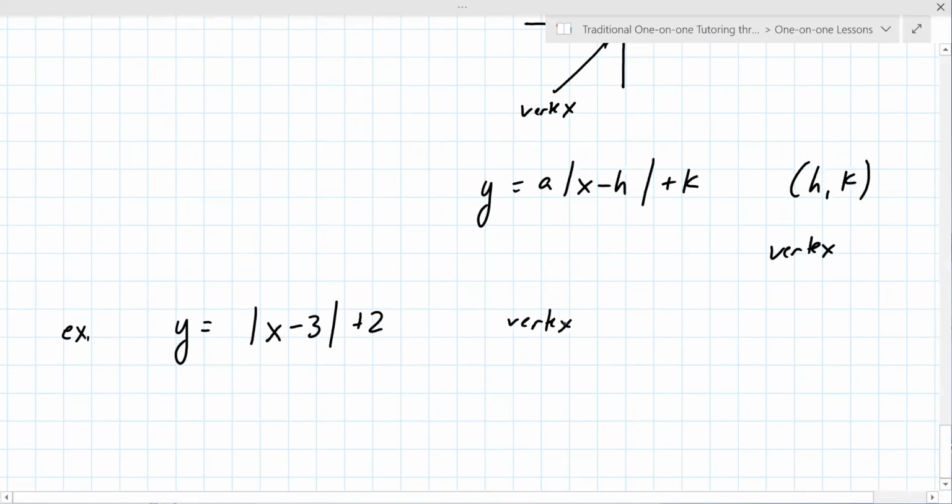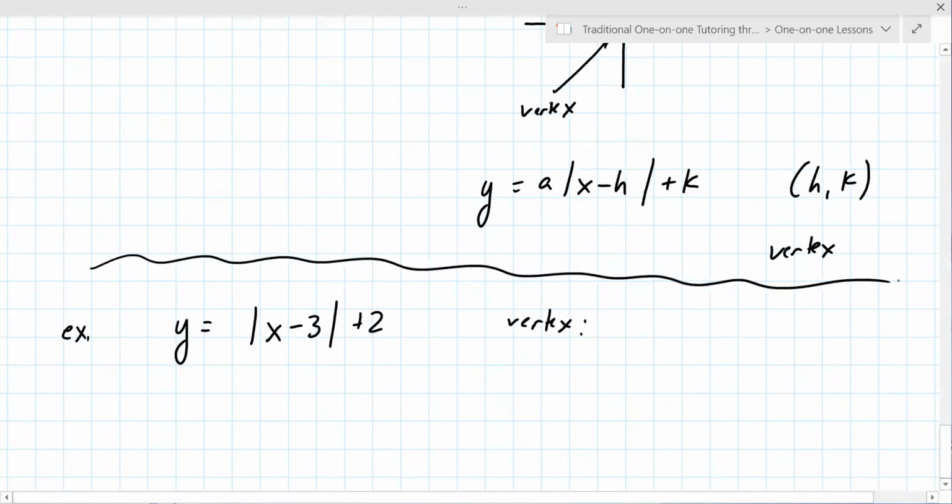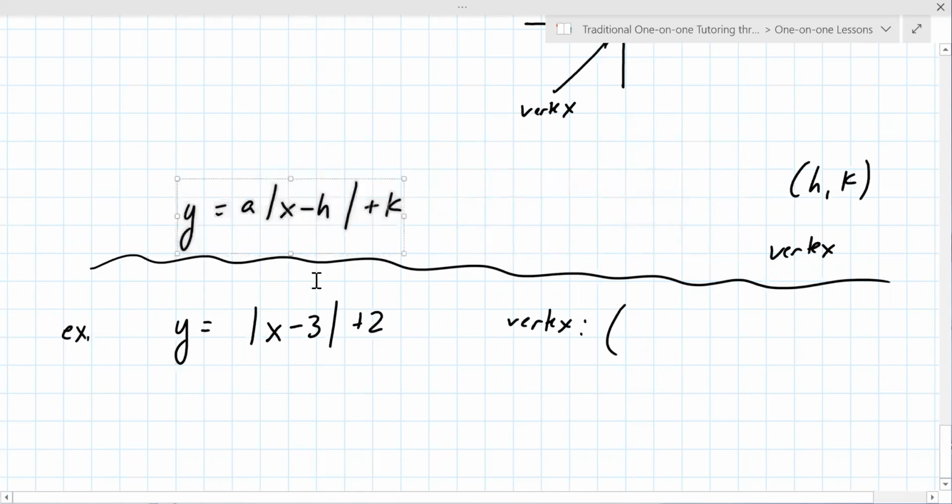You would want to first determine the vertex. That vertex would be H and K. Notice H is just the number if it's subtraction. H is 3 in this case.